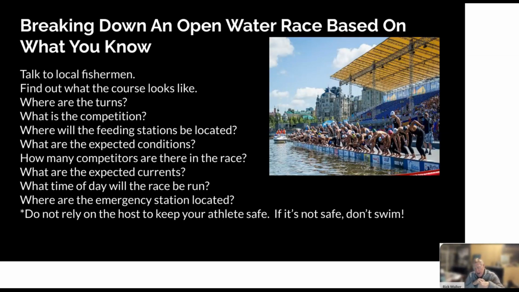So as they round one turn buoy, they've got to have a visual. The buoys aren't big enough to be able to see, they're only big right in front of your face. So you've got to have some visuals.